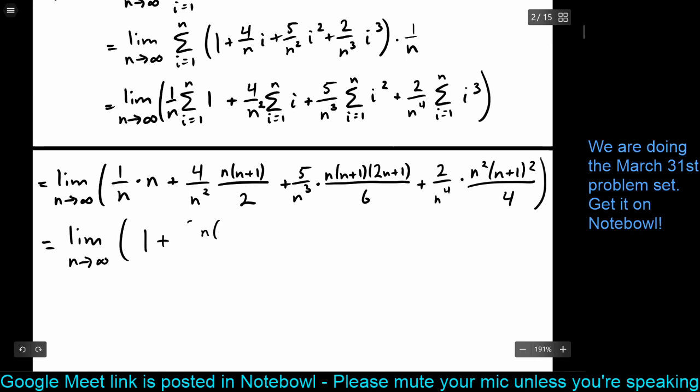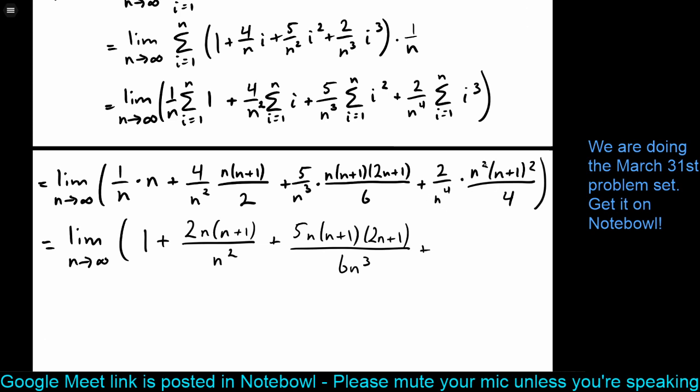But I will simplify what we can easily. Here, this will be 5. Nothing really simplifies here. And here, we do get a little bit of simplification. This n squared and n to the 4th, that 2 and the 4, simplify down.